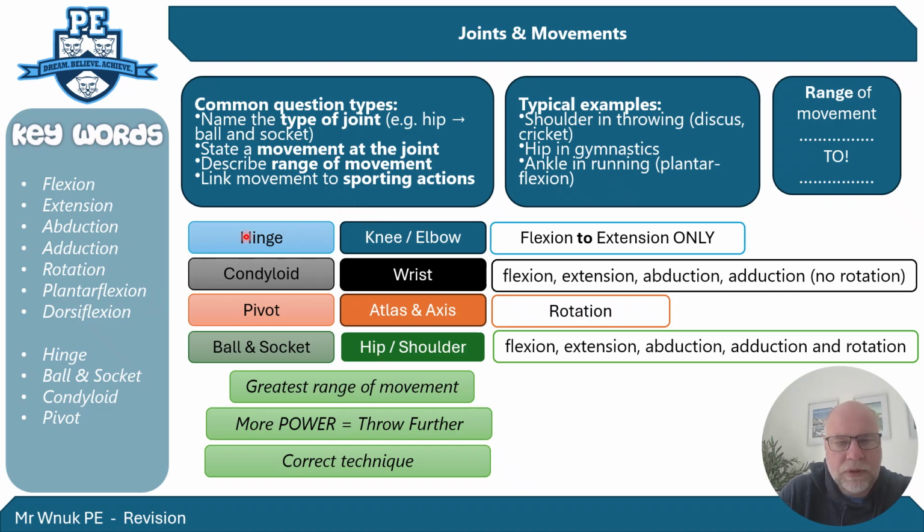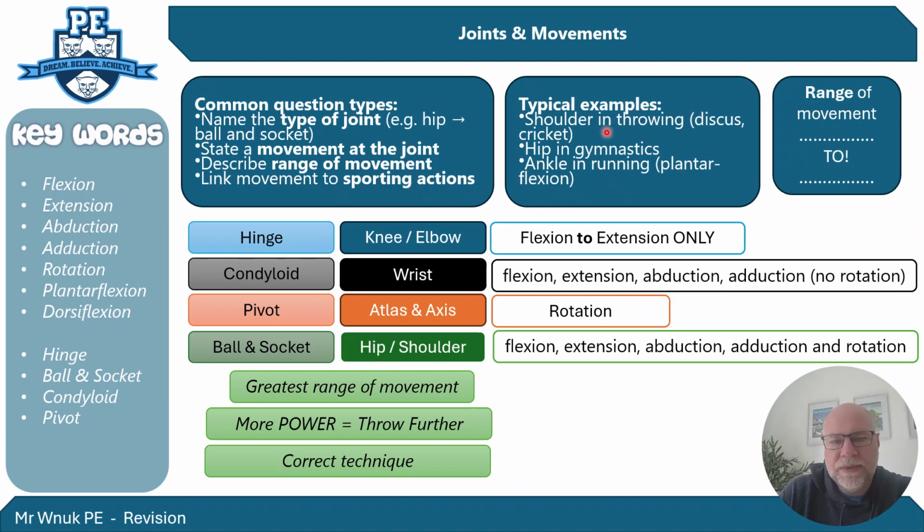The most commonly asked question is to name the joint and the movements at that joint. So state the movement of a joint, or describe the range of movement of a joint, the two ways the question is worded. And then if they're linked together, you need to apply it to the supporting movements.